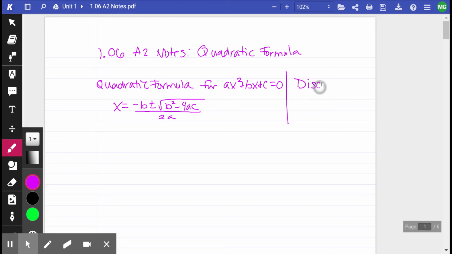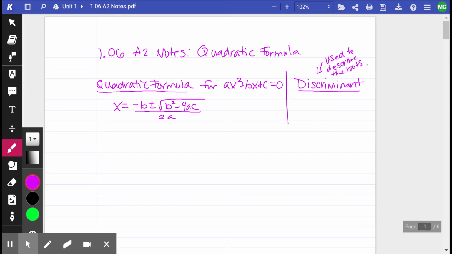The discriminant, which is something new that we're going to be talking about this year that you probably didn't in the past, is something we use to describe the roots. So we can use it before we actually solve, so we know what method to use, because quadratic formula is going to be your best bet if you have irrational roots or imaginary roots.